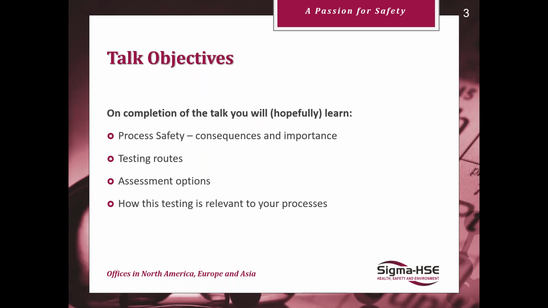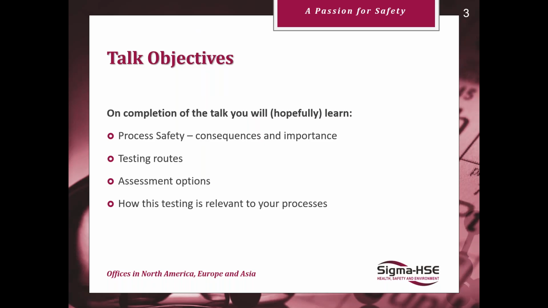So from that overview, our objectives are that hopefully people will have learned a little bit more about process safety, both the potential consequences, importance, and why controls need to be put in place. Majorly on the testing routes available, that's the bulk of the talk that we'll be going through today.